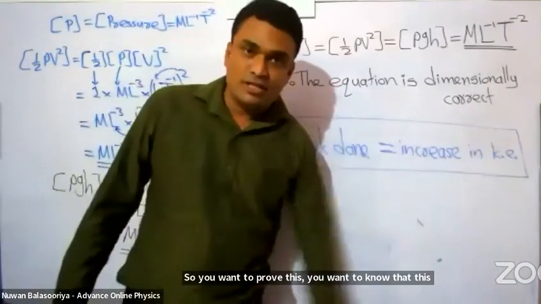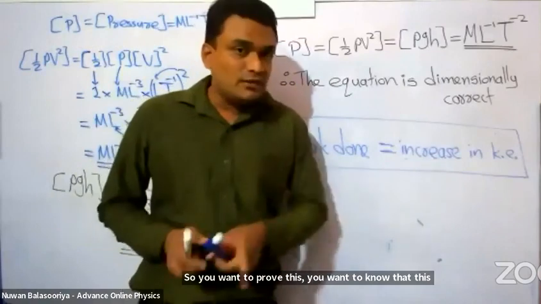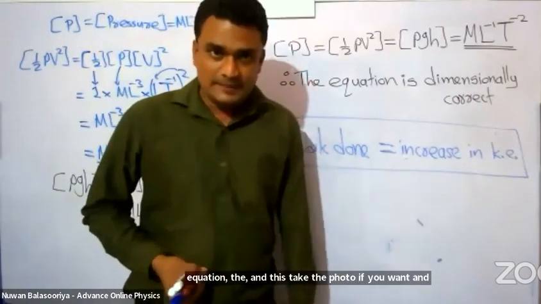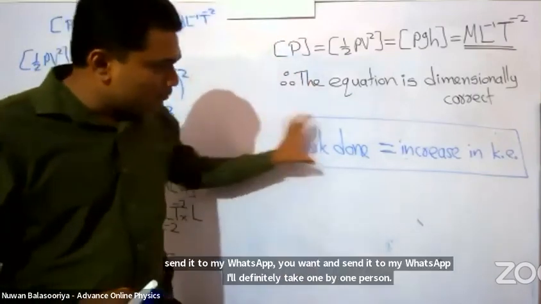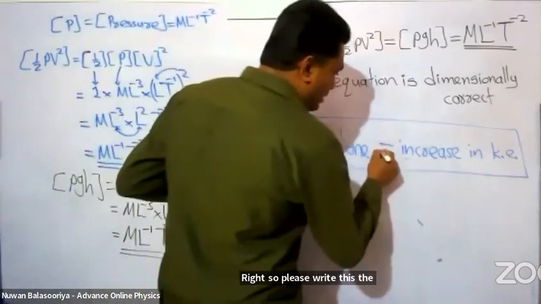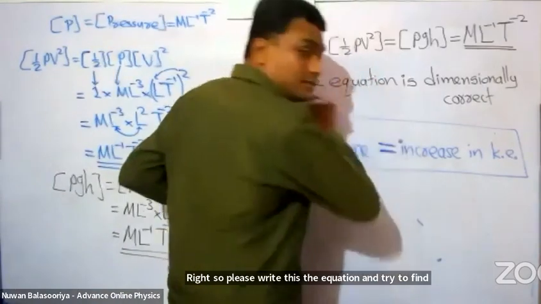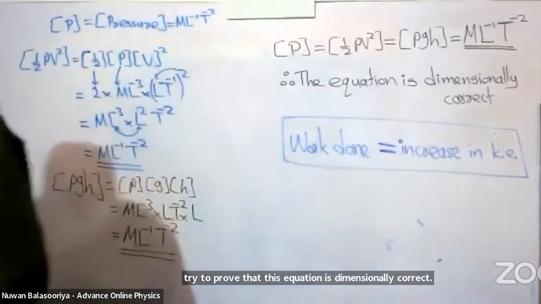Please take a photo of your answer and send it to my WhatsApp. I will definitely check one by one personally. So please write this equation and try to prove that it is dimensionally correct. Everybody please try.